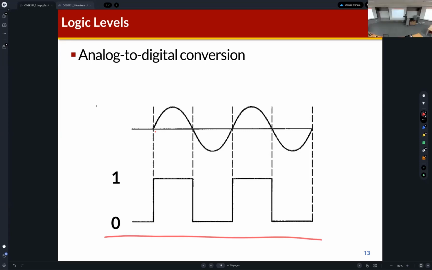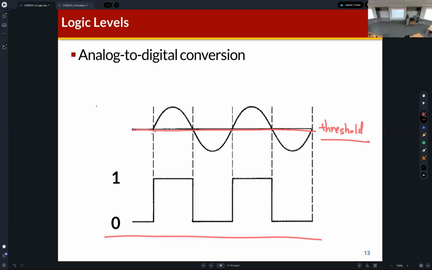I also mentioned that to apply digital systems, the analog signals need to be converted into digital signals. So how can we convert this analog signal? I mentioned that we just set a threshold level. This is the threshold.